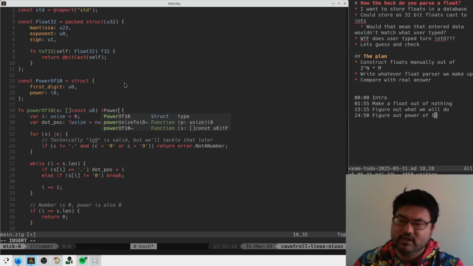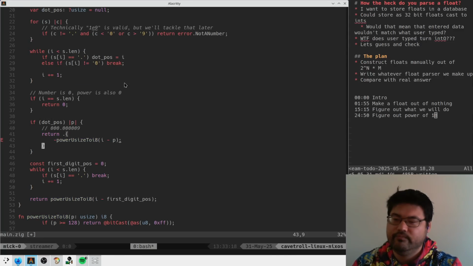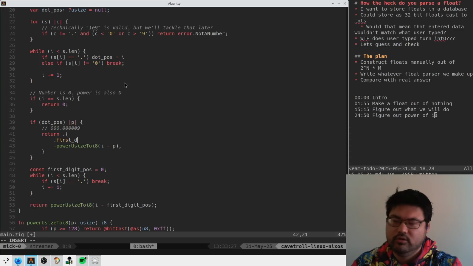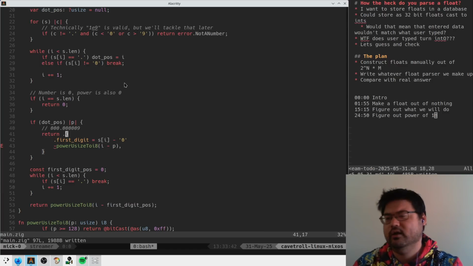That's gonna return power 10. And this is, what's going on here? So this we're gonna have like, I guess it's literally just like minus 0 on SI. Yes.